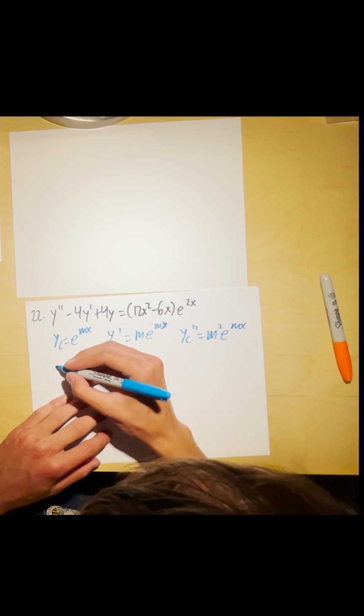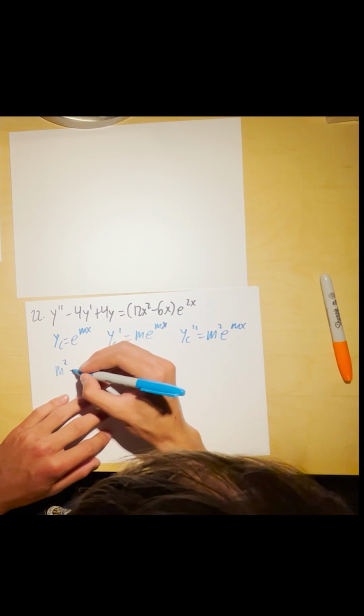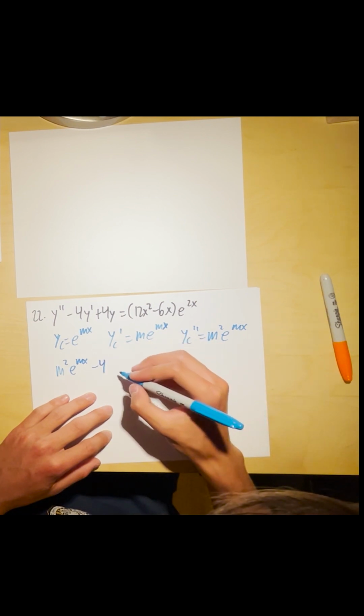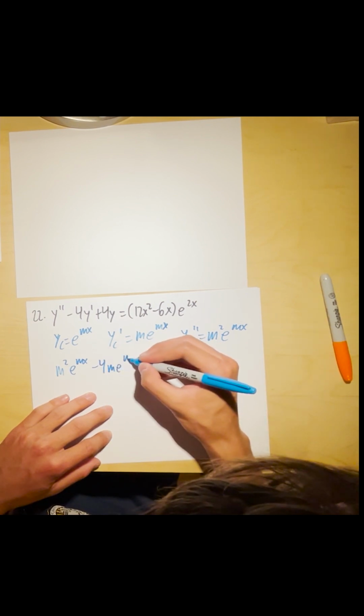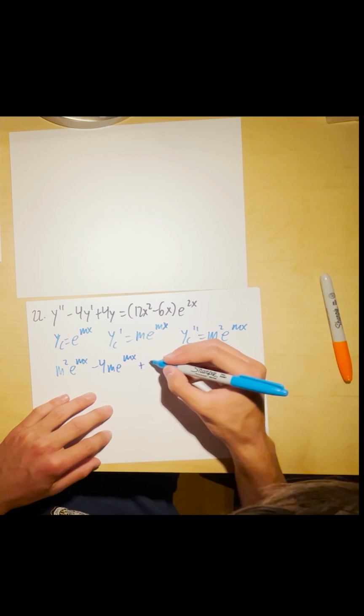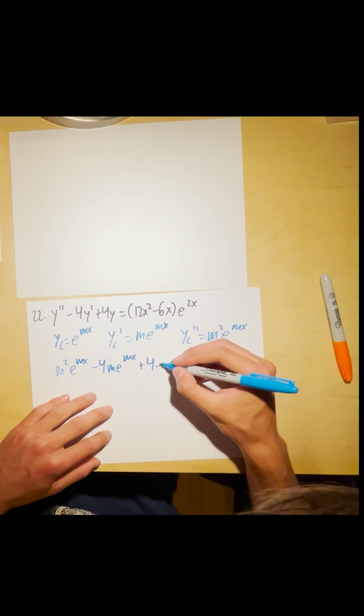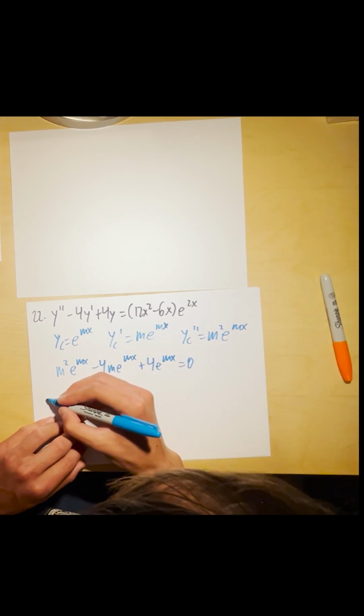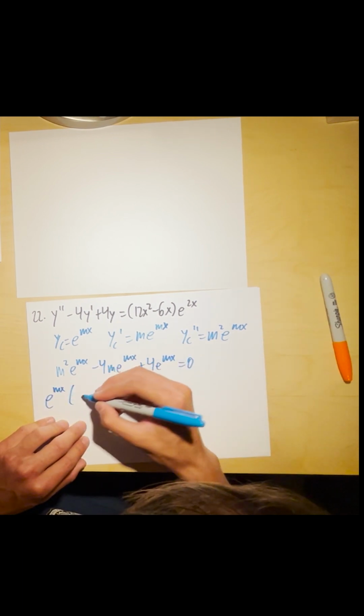We're going to get m squared e to the mx minus 4m e to the mx plus 4 e to the mx equals 0. So take out an e to the mx from all of those.